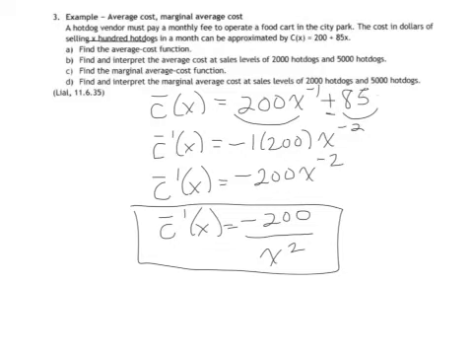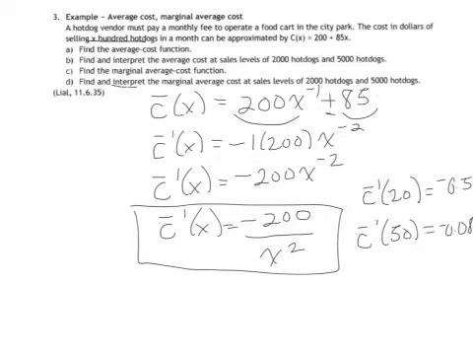So if we were going to evaluate that for 2,000, it would be the marginal average cost function at 20 and the marginal average cost function at 50, and we would find that this is negative 0.5 and this is negative 0.08. And interpreting, we can see that when you have an increase in sales levels, your marginal average cost decreases.